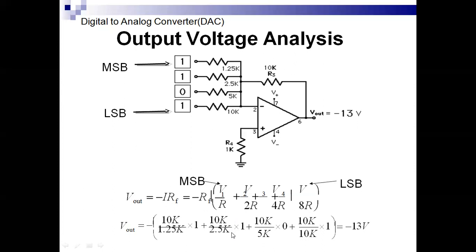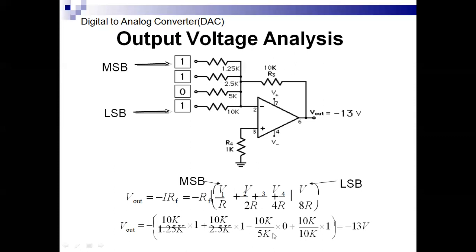Now we are going to put the value of V out equal to minus IR. So 10K for V1, 10K for V2, 10K for V3 and 10K for V4. Now we are putting the value of R, that is 1.25K. For the second one, that is 2.5K.